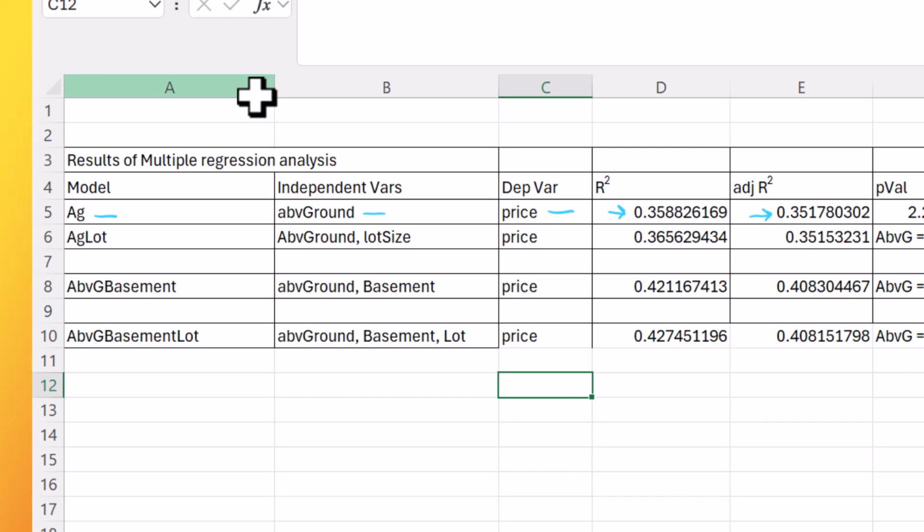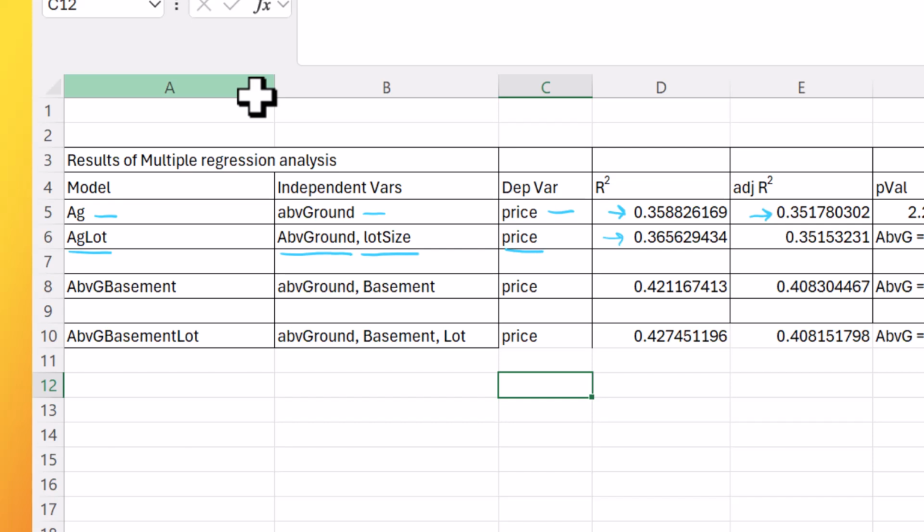Now, I also have a second model, and you'll notice that I call this one above ground and lot. It considers the independent variables, the above ground square footage, and the lot size. The dependent variable is the price of the home. That's the sale price, not the asking price. My R squared has gone up just a little.